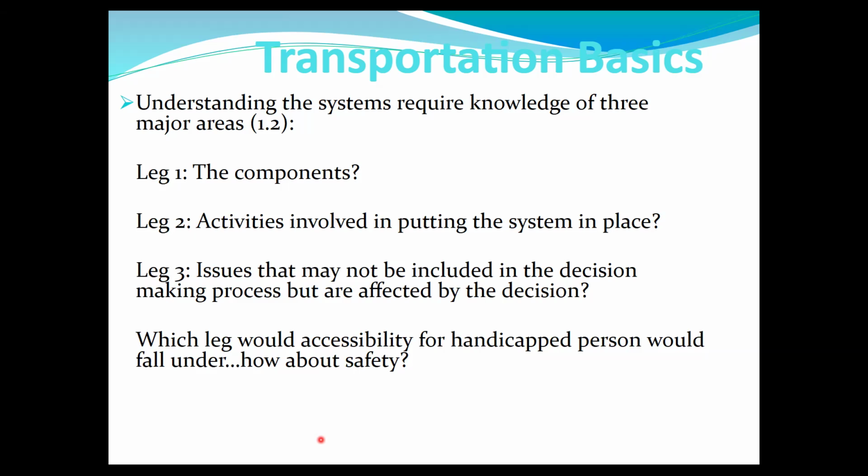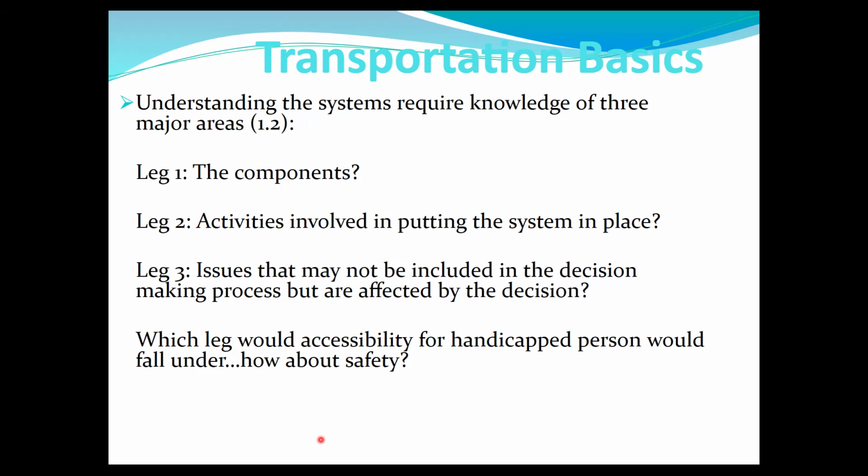So for example, when we built the interstate highway system, when we built most of the roadway infrastructure in this country, we did not account for the people who may be physically challenged or physically disabled, right? But obviously, the demand for transportation from those folks got a severe impact.